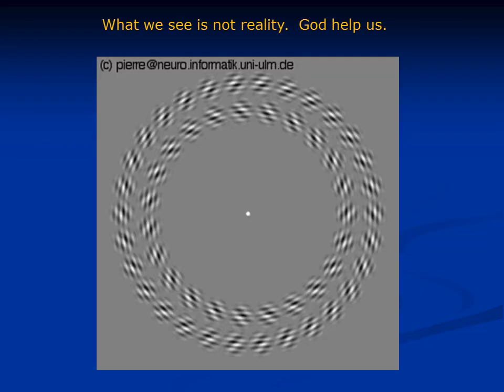All right, lastly, make like a chicken here and look at that center dot and move your head back and forth. Bock, bock, bock, bock, bock. And you'll see these rings start to move. One moves counterclockwise, the other one clockwise. What we see is not reality. It's what our visual system renders to be our reality.